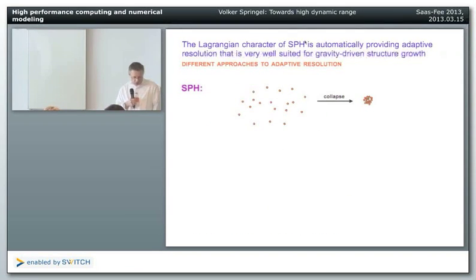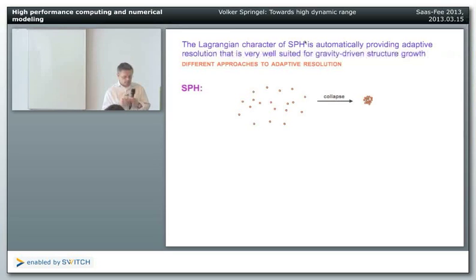So in SPH, we have already seen that the Lagrangian character of SPH automatically provides an adaptive resolution, which is in particular very well suited for gravity-driven structure growth. Here we will start out with a diffuse cloud of gas.